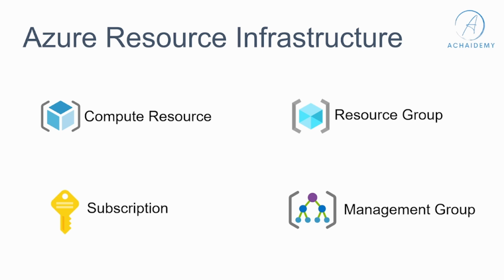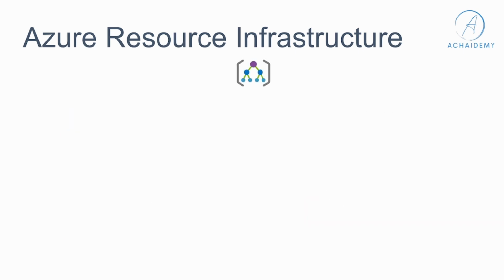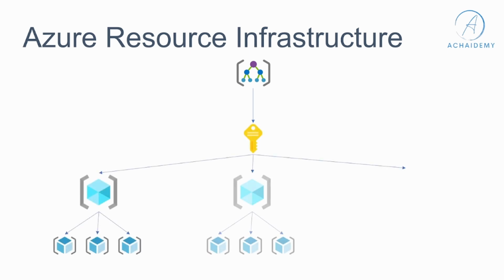And just to understand the hierarchy of these resource infrastructure, at the topmost you have the management groups. As I said, you can have a management group like IT and dev, and a group called support, and every management group can have multiple subscriptions.